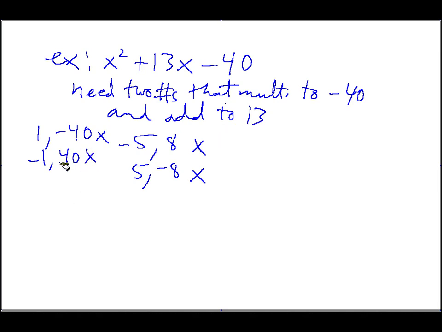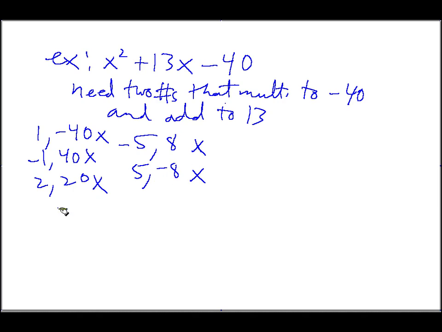Any other combinations? Well, how about 2 and 20? Certainly I can get negative 40 out of it, but playing with these signs is not going to give me 13 at all. So forget the 2 and 20 combination. That's not going to work at all.